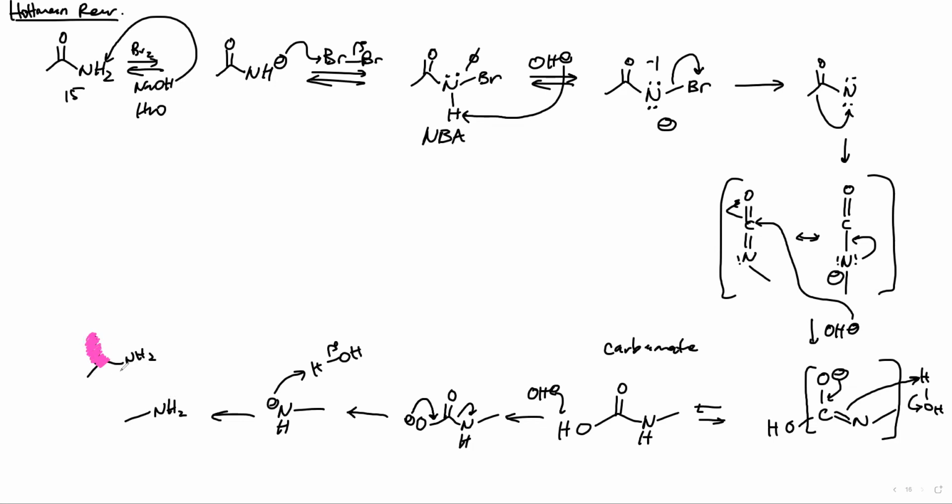And what it leaves you with is carbon nitrogen. You are literally removing the carbonyl altogether in this reaction. Okay, so let's say we had this here. We're going from this to getting rid of the carbonyl so that you only have this.